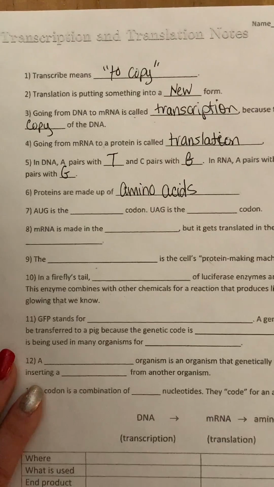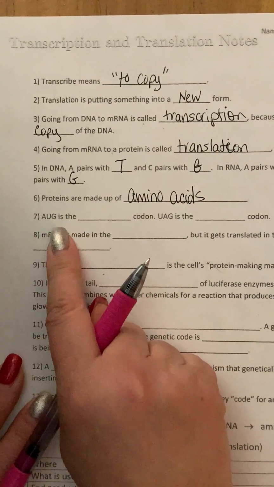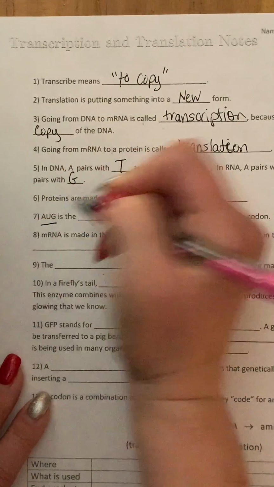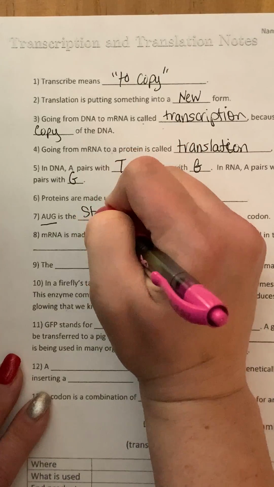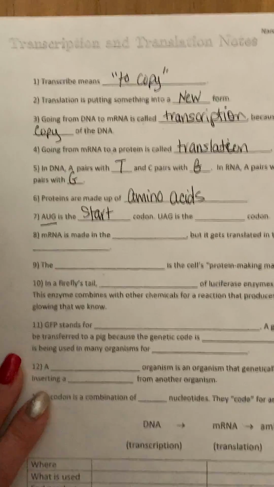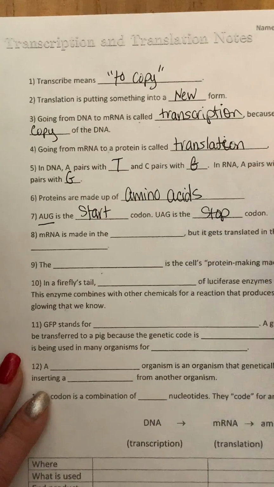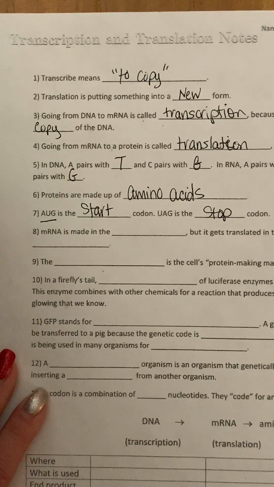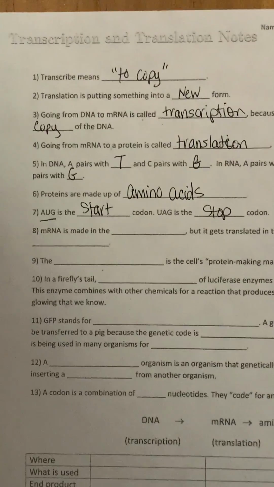Okay, so AUG, which is what you're going to need to know for our scavenger hunt, is the codon you're going to be looking for as the start codon. And then UAG is just one of 3 stop codons. Okay, there's 3 total.